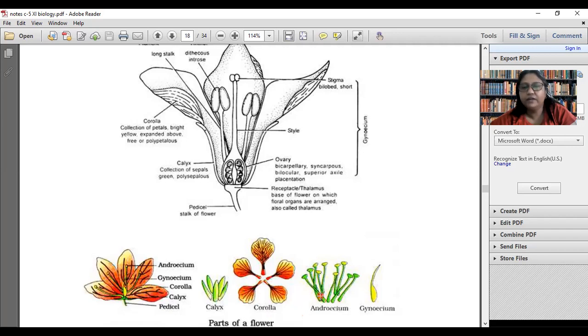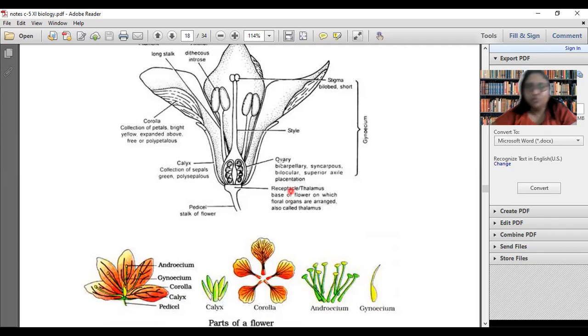These are called androecium. Androecium is something which is responsible for production of male gamete. So here we can say that collection of male gamete producer, that is stamens, are altogether forming the androecium. And what is gynoecium? Pistil or carpel is forming the gynoecium.